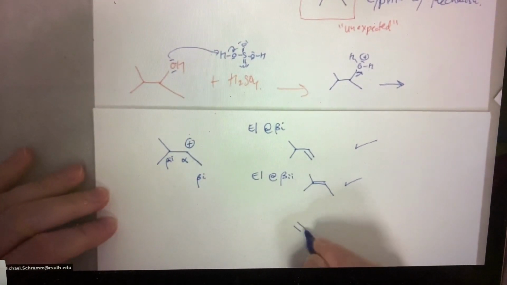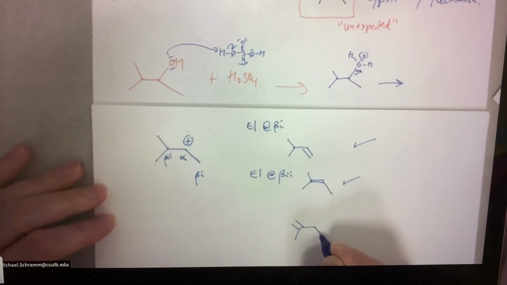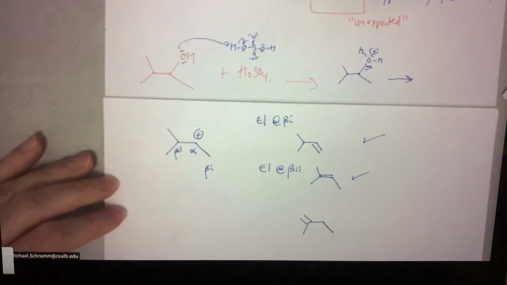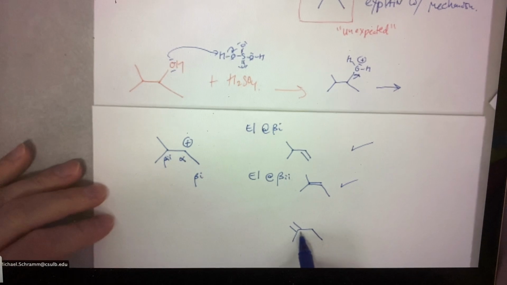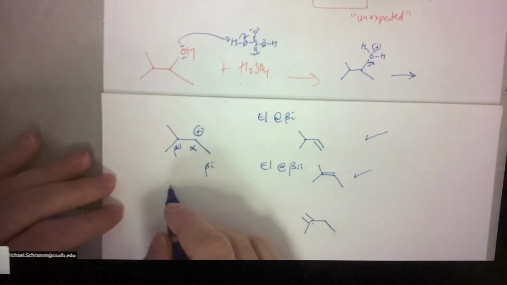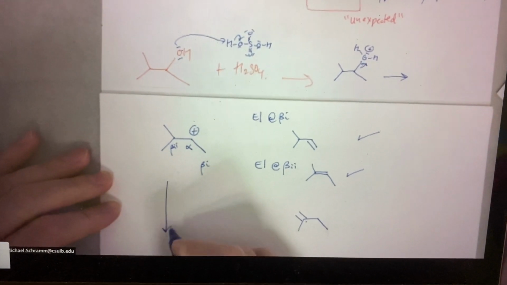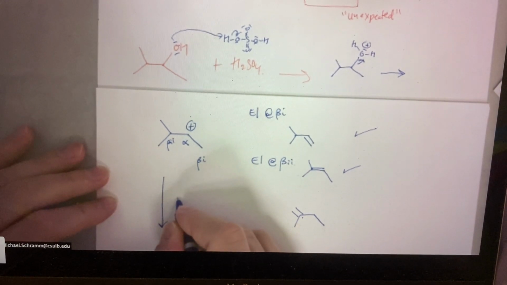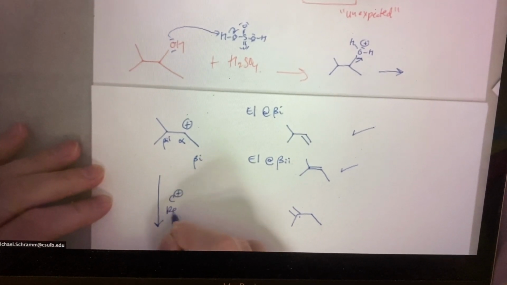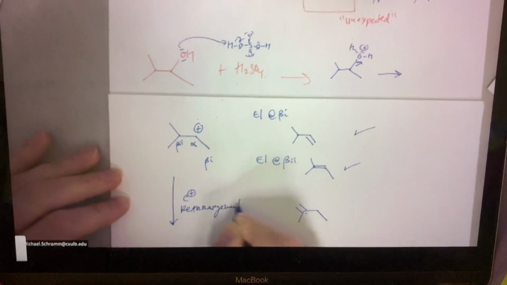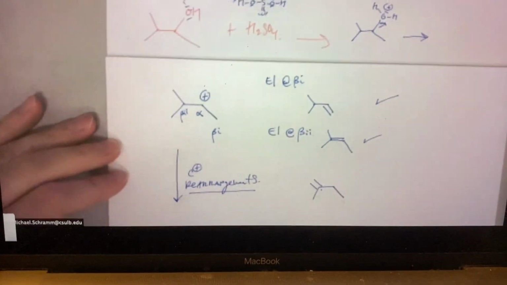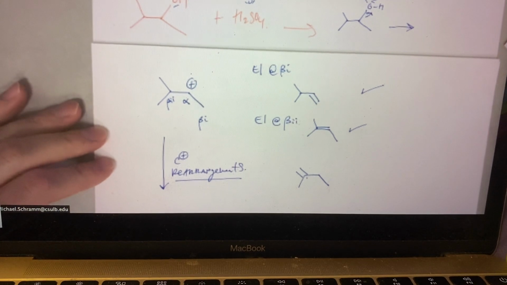We're trying to explain this alkene. This alkene is going to need a carbocation somewhere else. So what we can also do now is explore carbocation rearrangements. I'm going to do it in writing at first.